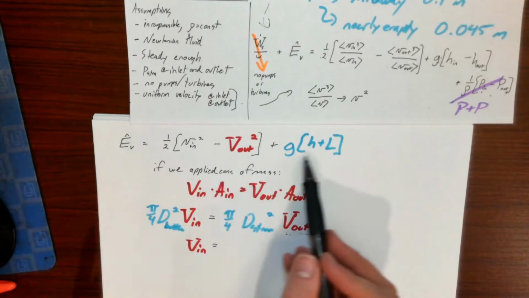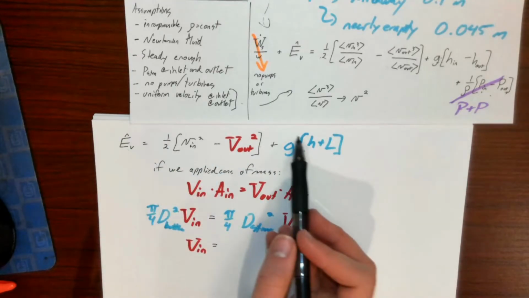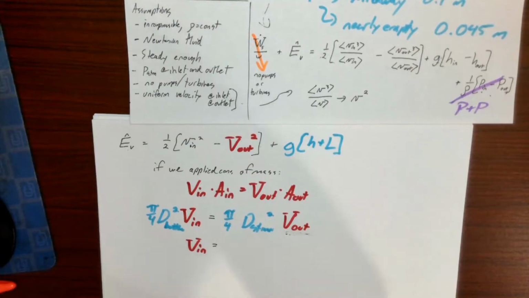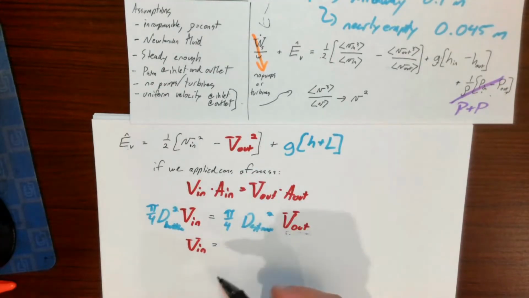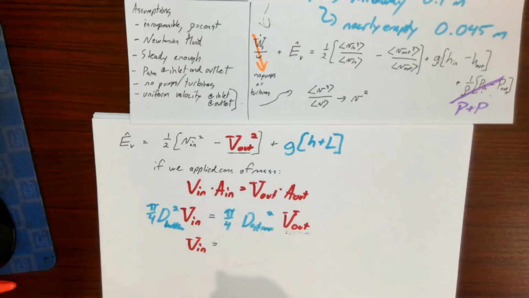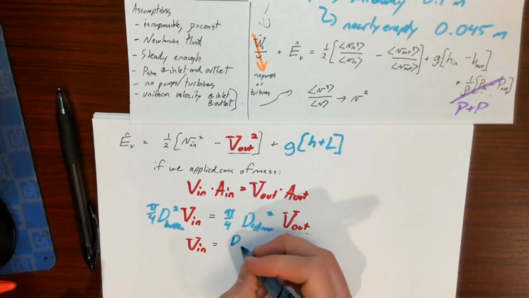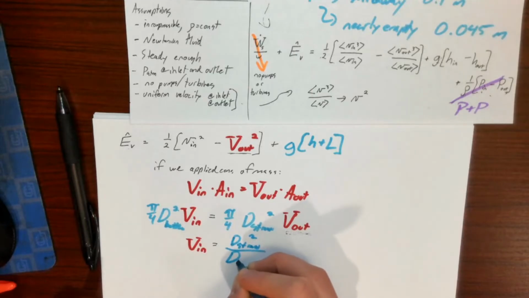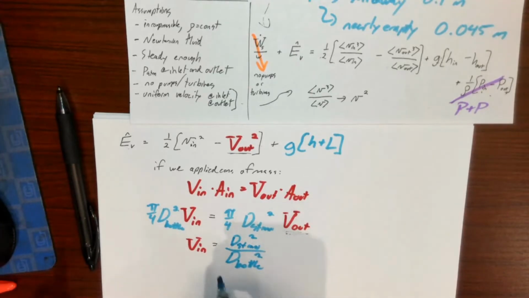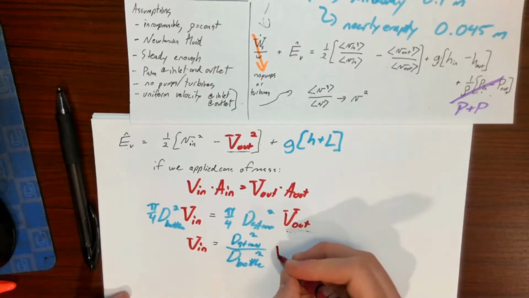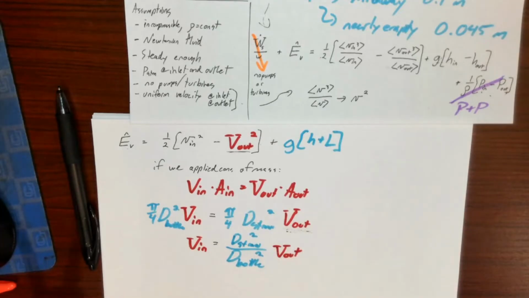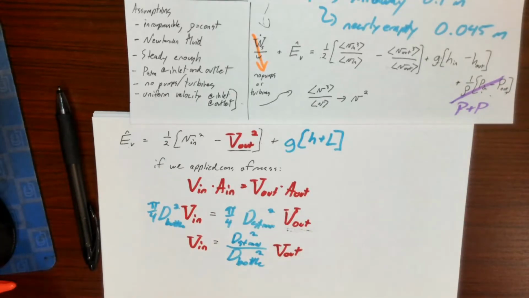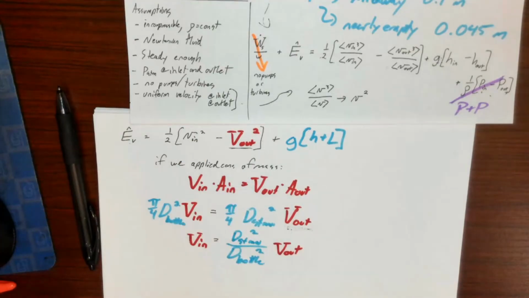Our goal, as we churn away dealing with terms in this conservation of energy equation, is to work it all the way down towards a single equation with one unknown, V out, in it. We'll see how far we can get. When you solve this equation for V in, you basically get V in equals d straw squared over d bottle squared times V out, units work out, and then we can plug that in right here.